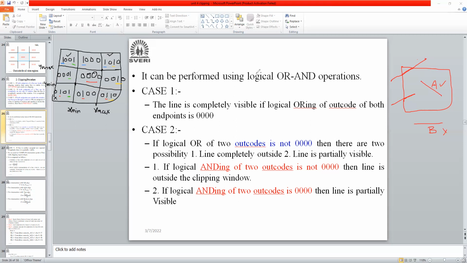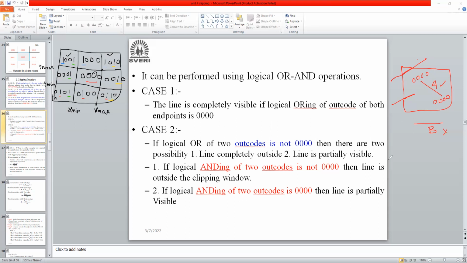So what are the outcodes of these two endpoints? This has the outcode 0, 0, 0, 0, and this also has 0, 0, 0, 0, because both points are lying inside the clipping window.